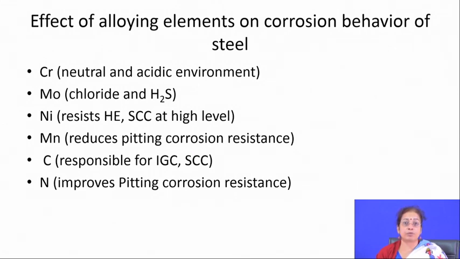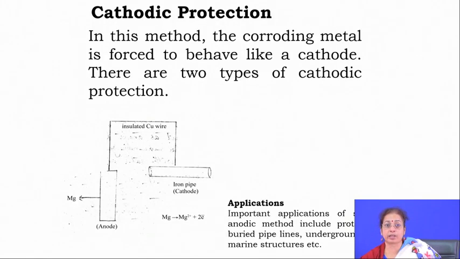Nitrogen improves the pitting resistance. So, these are a few guidelines where the role of alloying elements in controlling the different corrosion behavior or corrosion properties must be known to you prior to designing the alloy for a specific application.